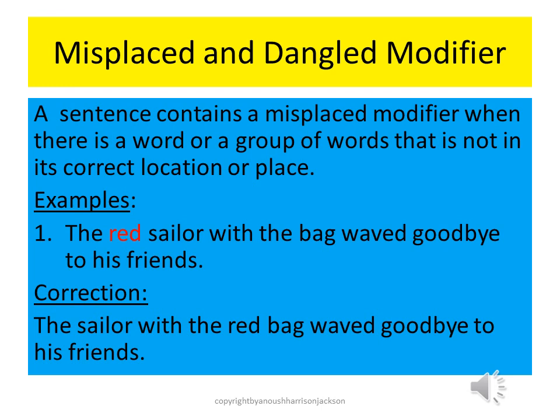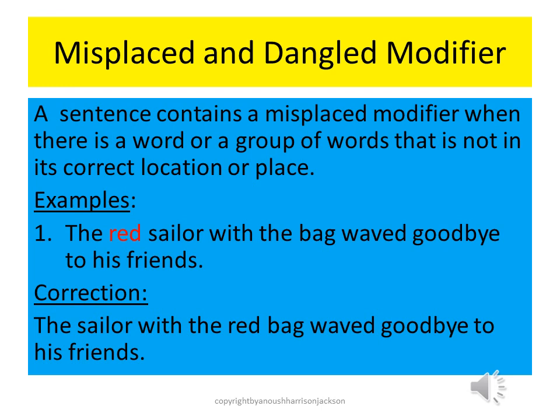A sentence contains a misplaced modifier when there is a word or a group of words that is not in its correct location or place. Examples: 1. The red sailor with the bag waved goodbye to his friends. The correction: the sailor with the red bag waved goodbye to his friends.